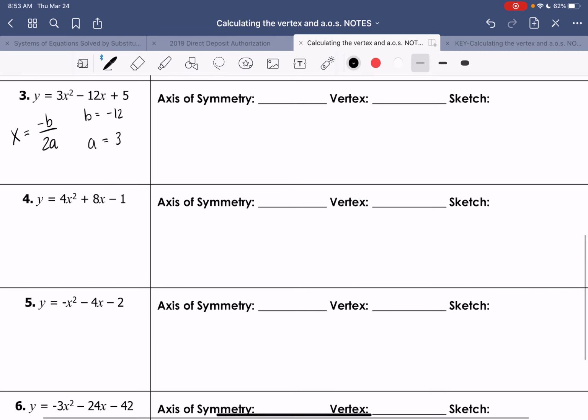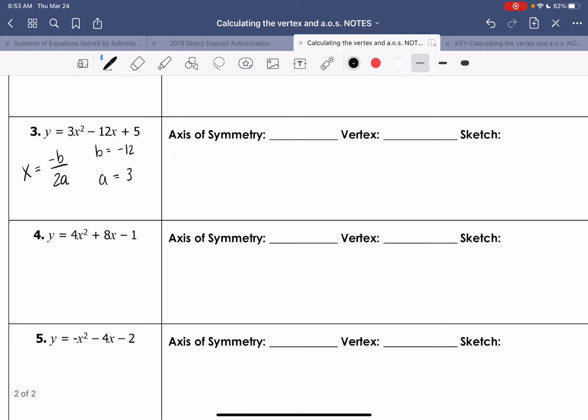And when we substitute these in, x is equal to -(-12) over 2 times 3. So remember, when we multiply in this example, negative times a negative, we're going to end up with a +12 over a +6, which is going to simplify to 2.